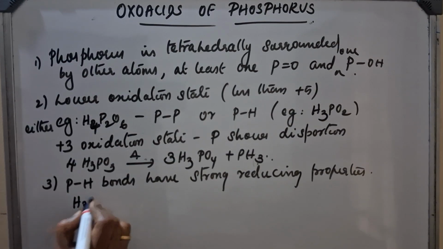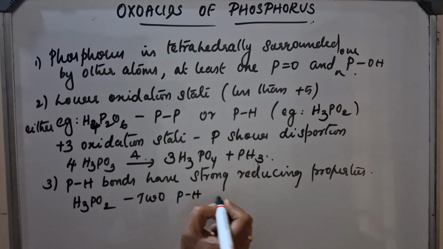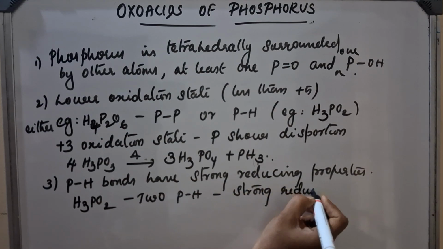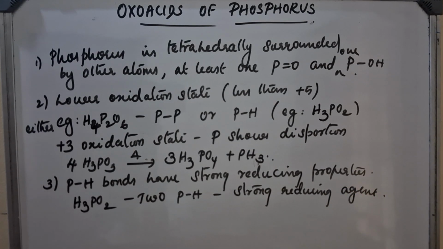For example, H3PO2 contains 2 P-H bonds. So they are strong reducing agents. They show strong reducing property. They are good reducing agents.